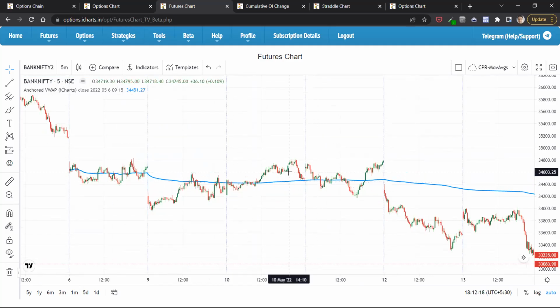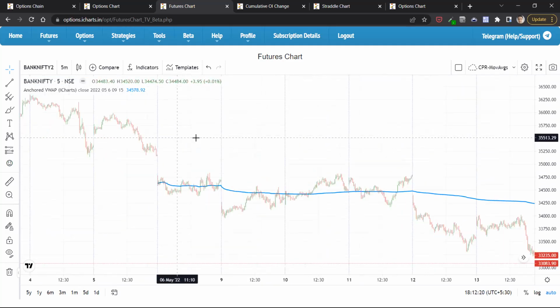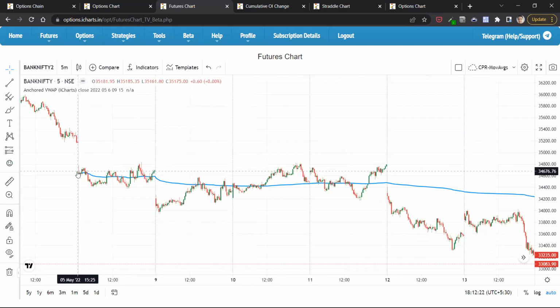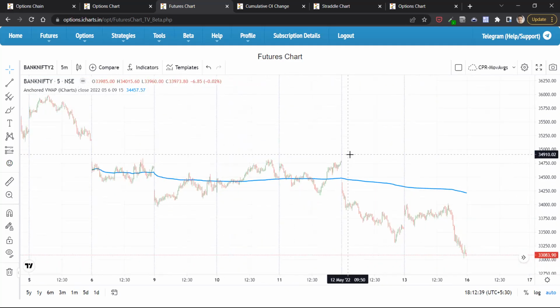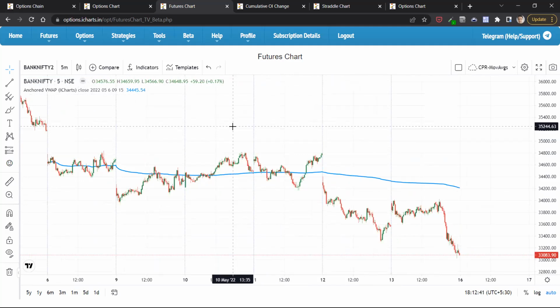But anchored VWAP, the way Mr. Vijay was explaining, is that you plot one from the monthly expiry beginning and another from the weekly expiry beginning, the day after weekly expiry. Based on those two, you determine the trend. I don't know if he has discussed RSI or not. I have no idea about that strategy.